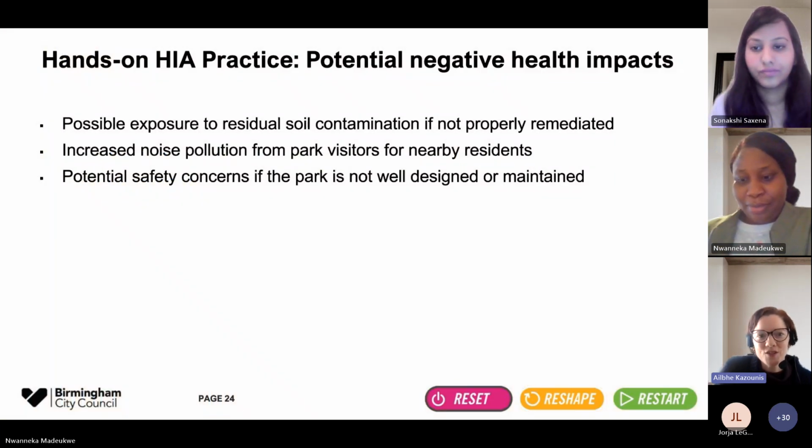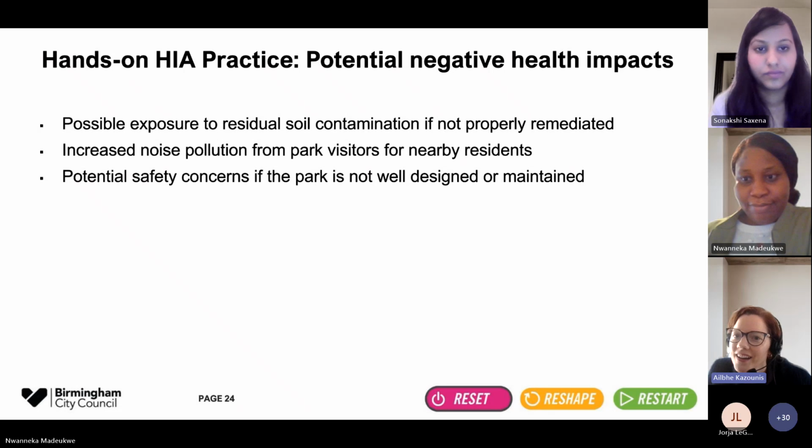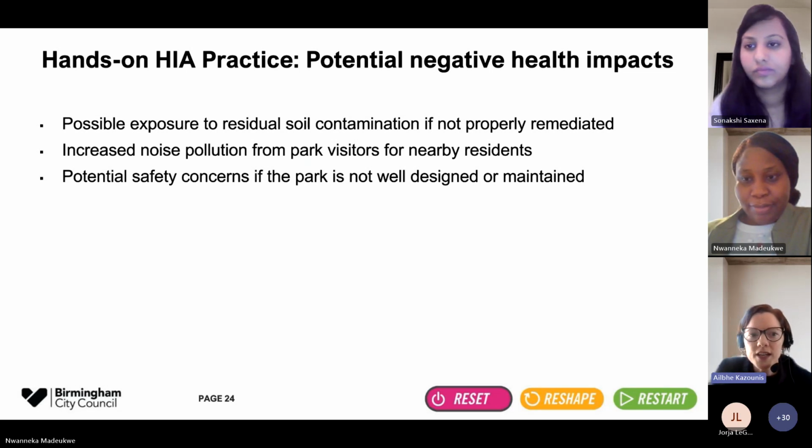So yeah, it's around possible exposure to soil contamination, increased noise pollution, actually, which we didn't cover, and potential safety concerns if the park is not well designed or maintained. And I think this is a particularly important one.